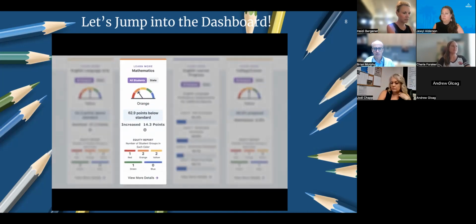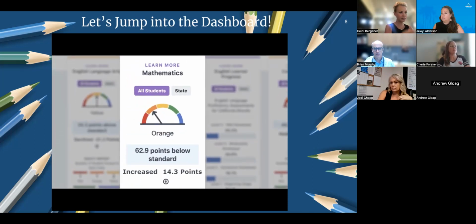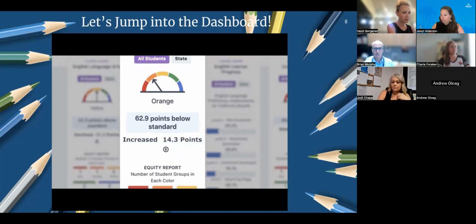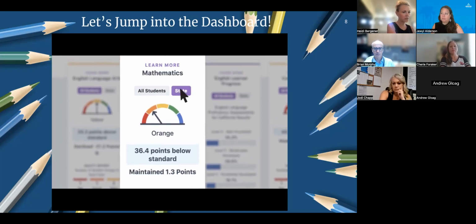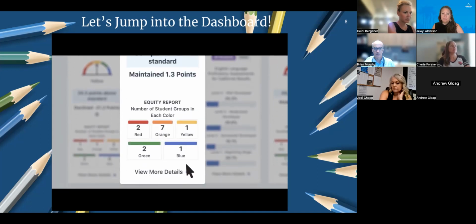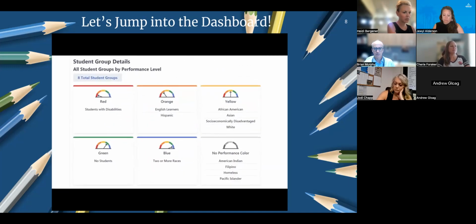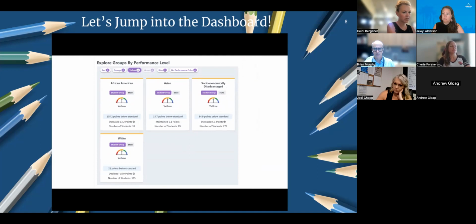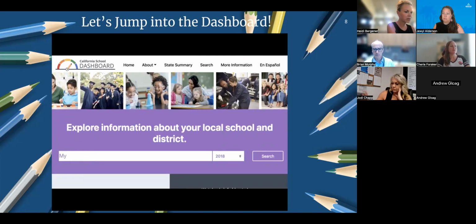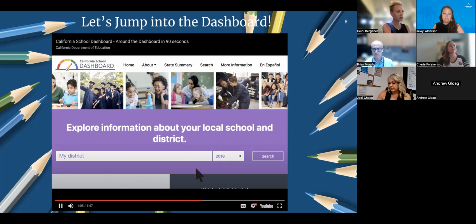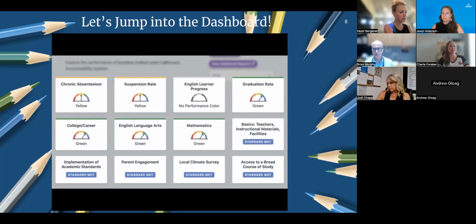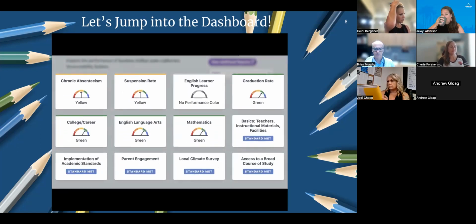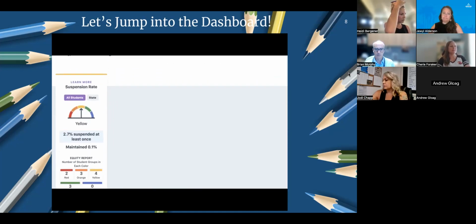If we look at one of the academic indicators, we see that overall, students fell 62.9 points below the standards for math, although they increased 14.3 points from last year. We can also see how students performed compared to the state average. And we can view a breakdown to see how well our schools served particular groups of students. Besides schools, we can view similar data about the district as a whole. The district section includes additional information about parent involvement and school climate and conditions.